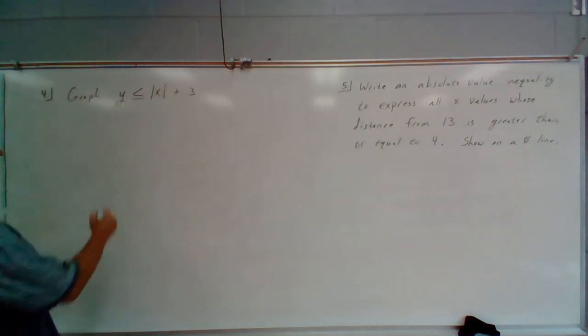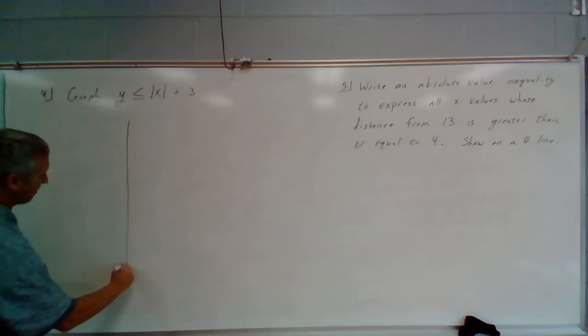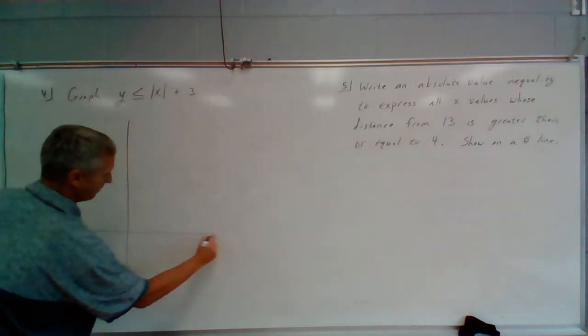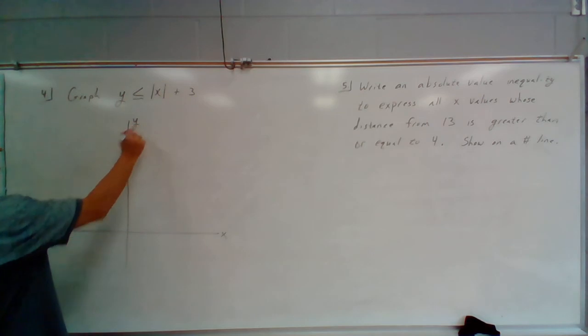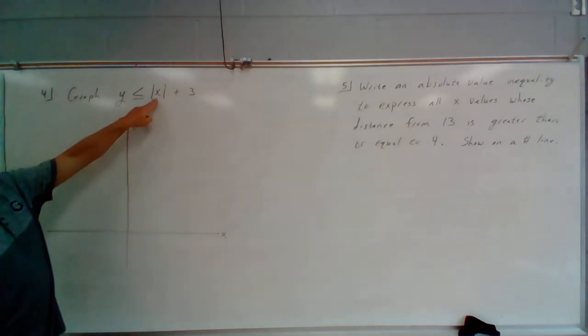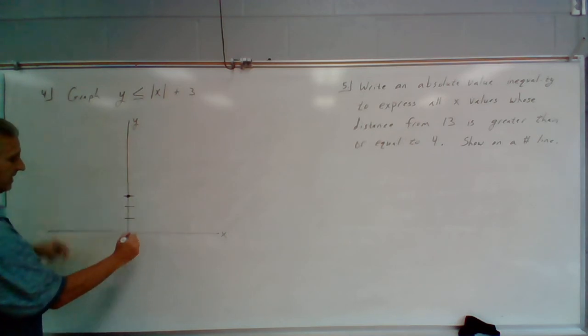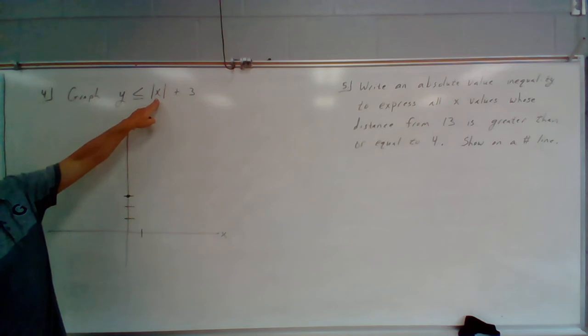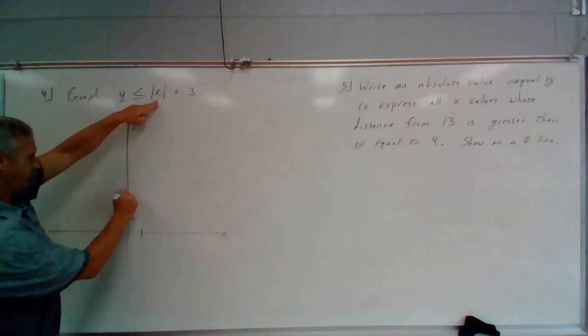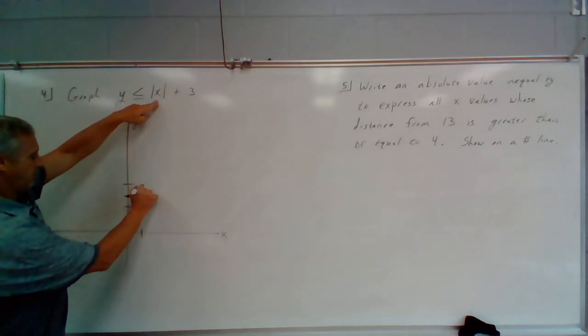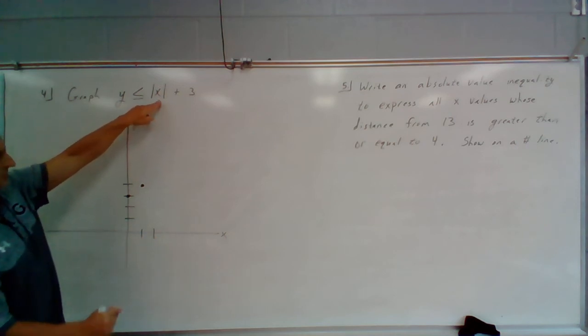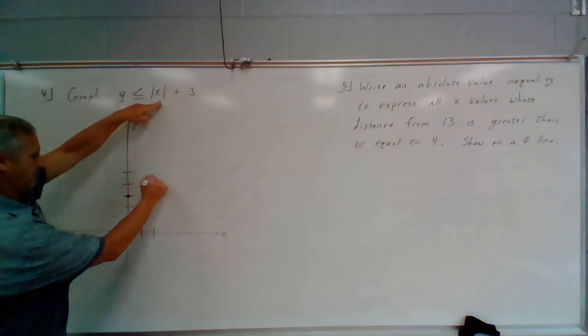All right, so let's try this one. Let's make a graph. That's what x is, my y's. If I plug in 0 here, absolute value is 0, 0 plus 3 is 3. If I were to plug in a 1, absolute value of 1 is 1, 1 plus 3 is 4. If I plug in a 2, 2 plus 3 is 5.